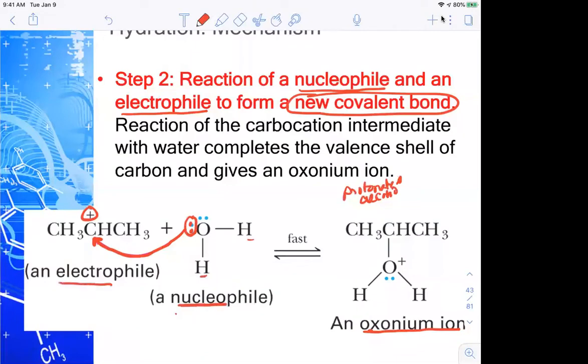So the initial product of this step is the formation of this oxygen-carbon bond. Those hydrogens are still there. And if I assign the formal charge, 1, 2, and then half the bonding, 3, 4, 5, this ends up being a positively charged oxonium ion. That's when I have that positive charge on an oxygen, and it's an oxonium, like the hydronium, but now this is oxonium.